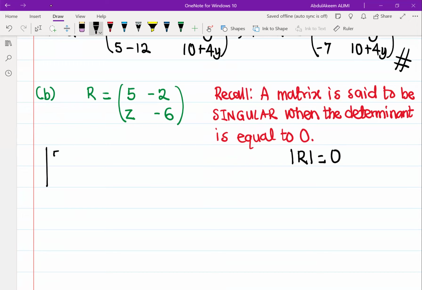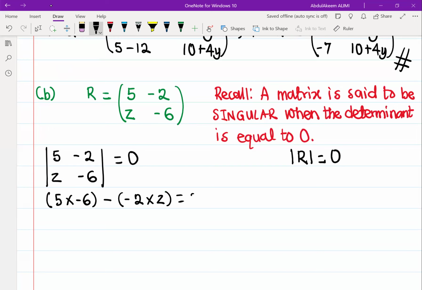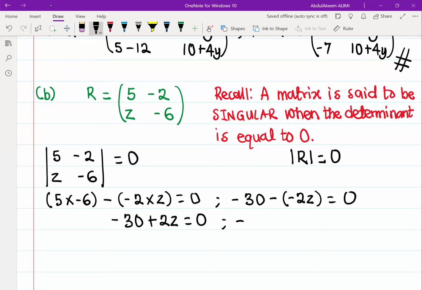That will become the determinant of 5, minus 2z, minus 6 is equal to 0. So let's solve the determinant as usual. That will become 5 times minus 6 minus 2 times z is equal to 0. So I'll have minus 30 minus 2z is equal to 0. So I have minus 30 equals to minus 2z.